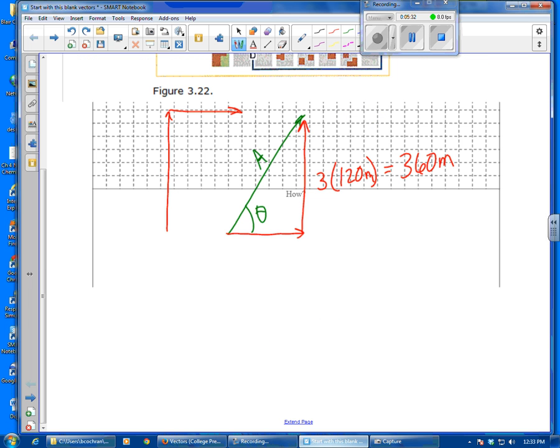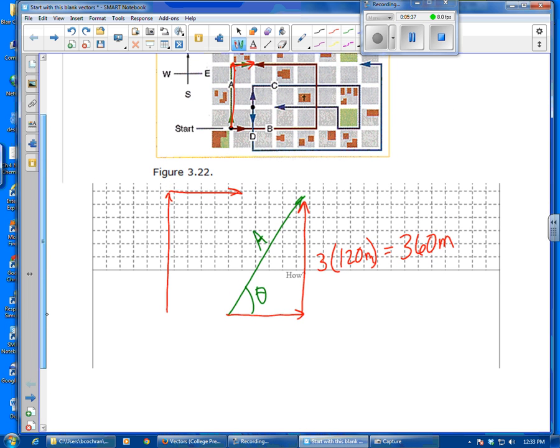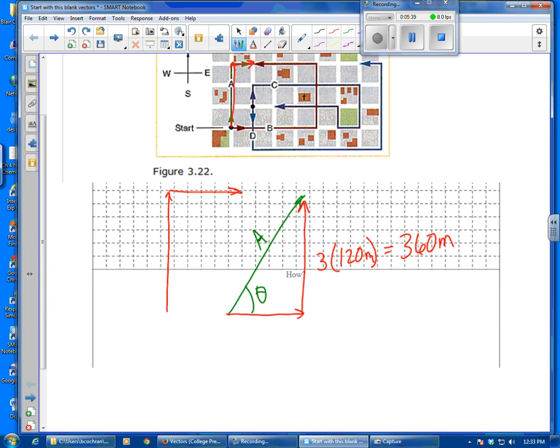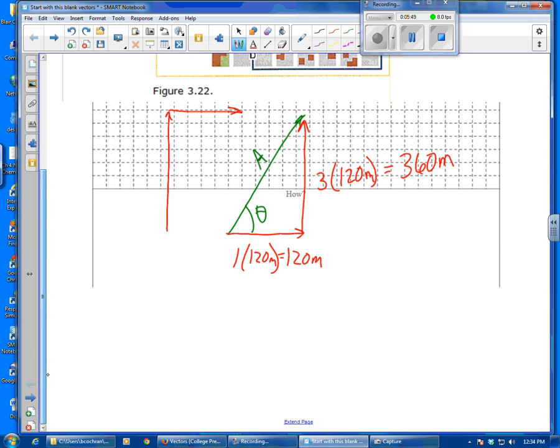Right? Does that make sense? Yes, exactly. And then my easterly part is 1 block at 120 meters. Oh, so that's only 120 meters. Right?